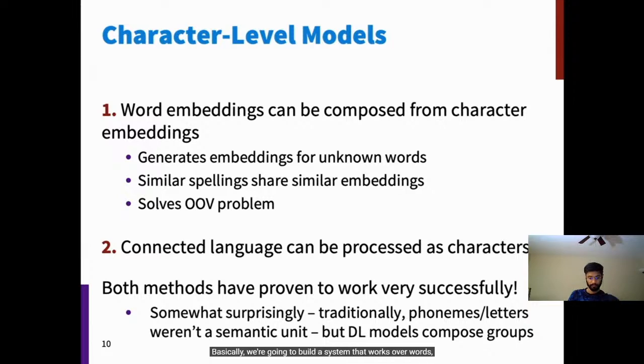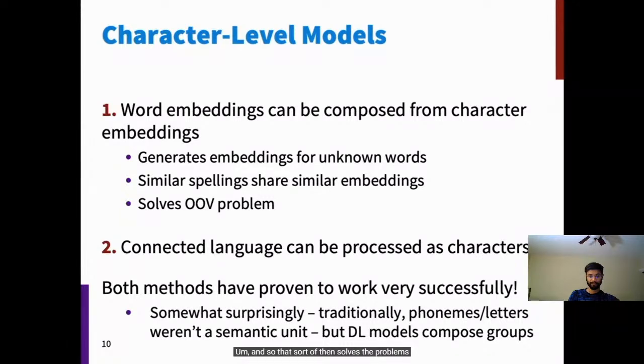Basically, we're going to build a system that works over words, but we want to be able to create word representations for any character sequence, and we'd like to do it in a way that takes advantage of being able to recognize parts of the character sequence that look familiar so that we can probably guess what vibes means.